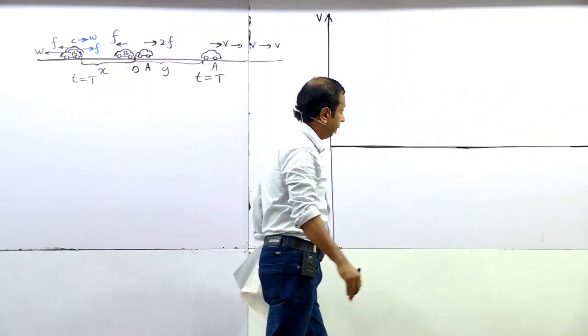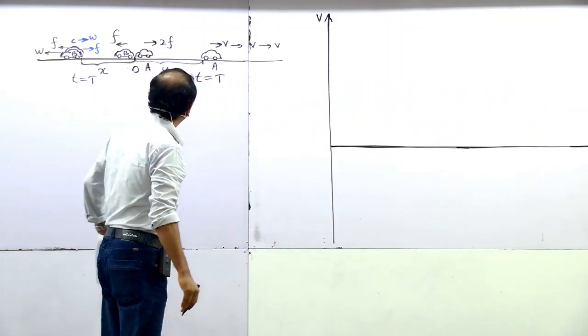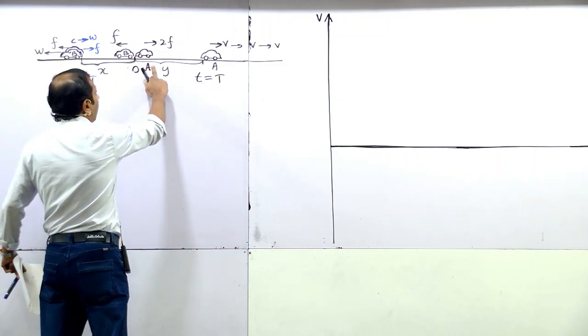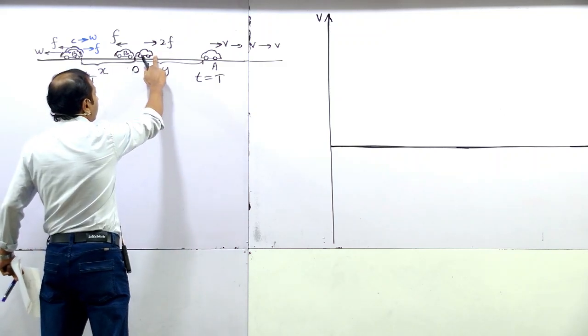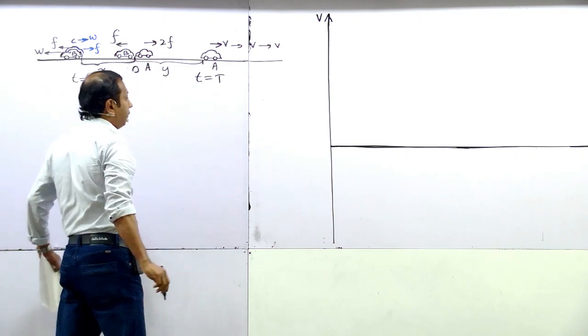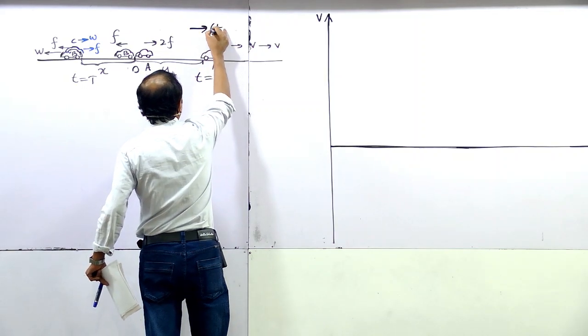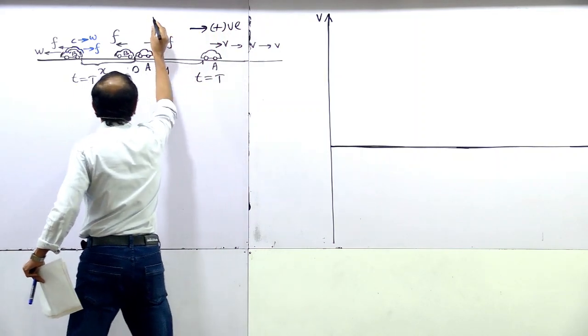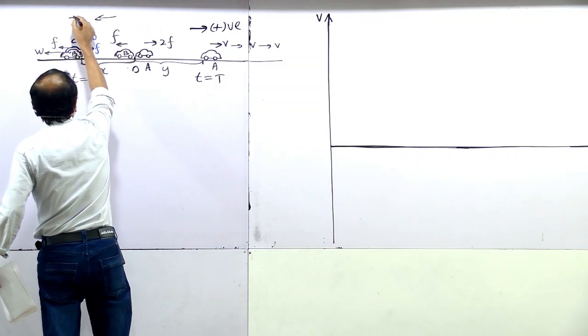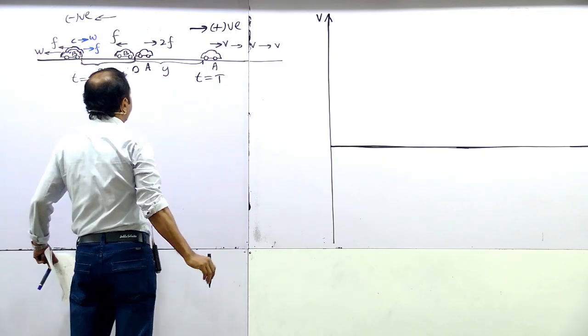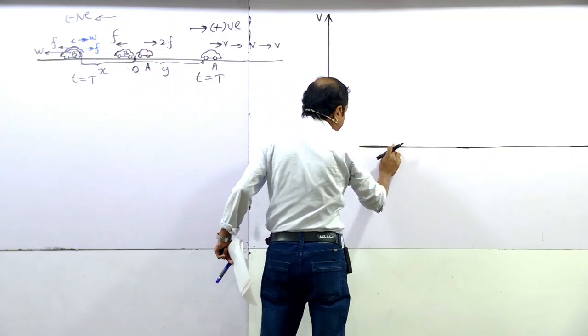Okay, right. Then car A and car B start from rest, right. So then I am going to draw. I take this direction as the positive direction. Then this direction should be the negative direction. Okay. Then car A starts from rest.